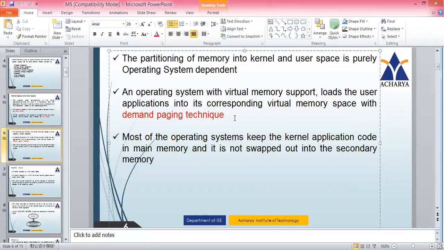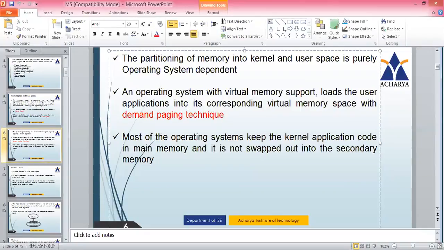Now let's continue. The partitioning of memory into kernel and user space is purely operating system dependent. So how much memory, from which address to which address, should be kernel space and which should be user space is decided by the operating system.